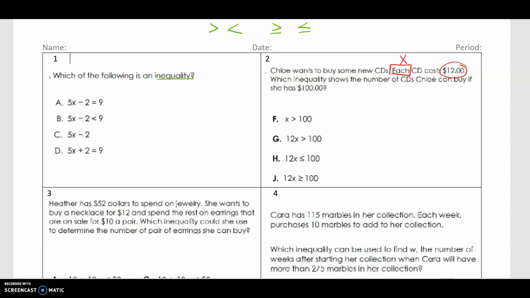So every CD is $12. And we want to know how many we can buy if we have $100. So remember, if we have $100, I can't spend more than 100. I can only spend 100. Can I spend exactly $100? Well, yes, but I can't spend more than that $100, okay?